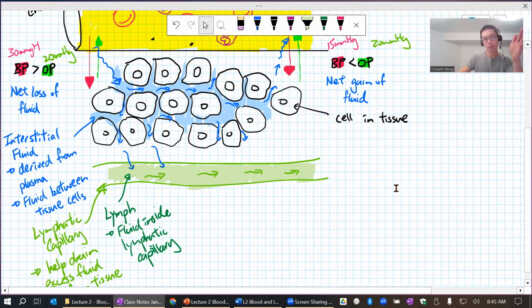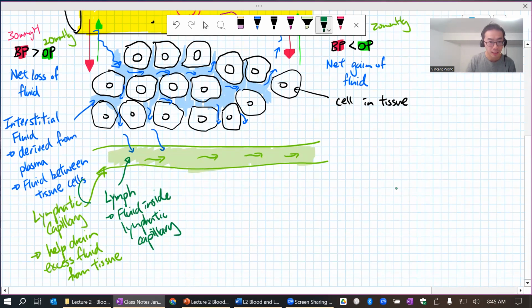Does anybody have any question for me before I complete the story? There is a down arrow. Where is that fluid coming from? Say that one more time, please. There is an arrow at the bottom of the lymphatic capillary. This arrow? Oh no, that's just pointing at it.